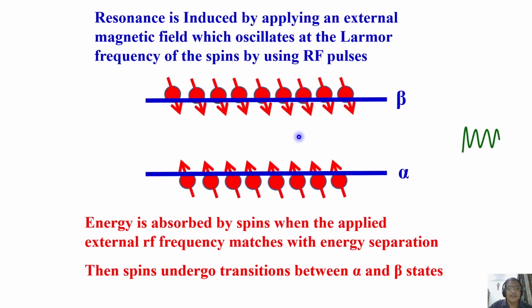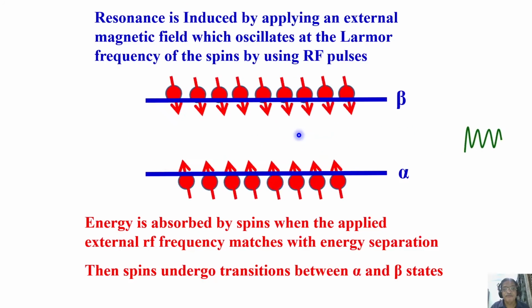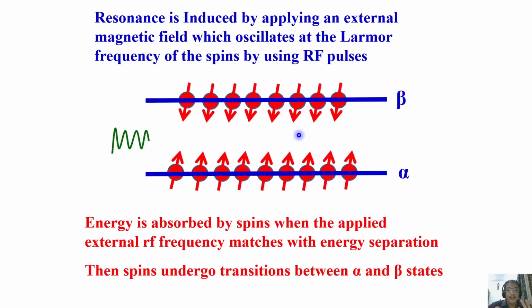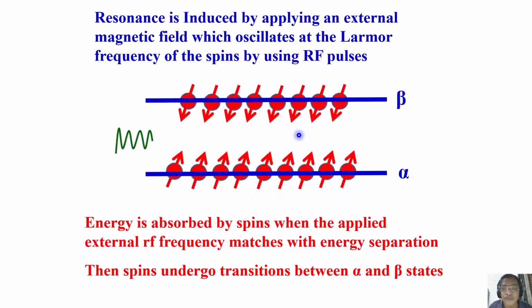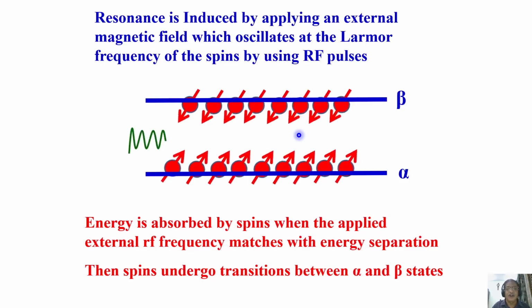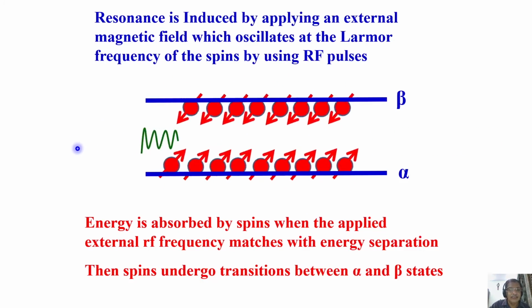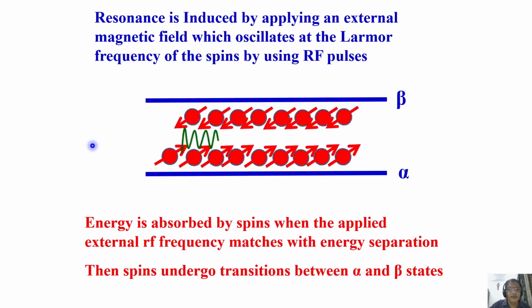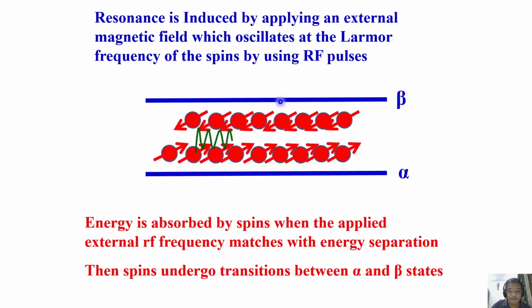The transition takes place simultaneously from alpha to beta state, and from beta state to alpha state. This is called flipping of the spins. This is called resonance when the incident radio frequency signal RF is at the Larmor frequency.